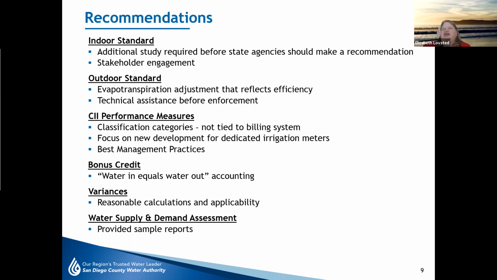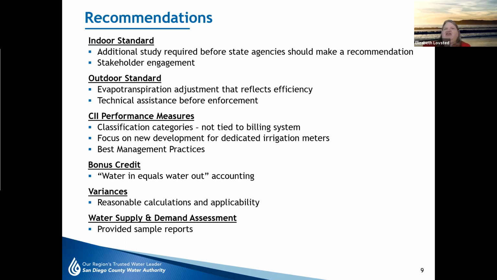Outdoor, we want to make sure the evapotranspiration adjustment really reflects efficiency, and we've seen a lot of challenges with the landscape area measurement information. Make sure the DWR is in a place that they can offer technical assistance before any sort of enforcement effort starts.